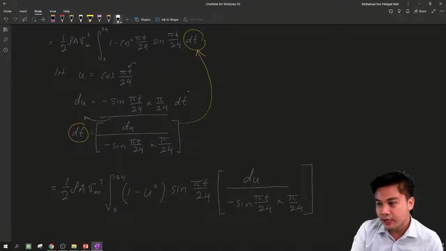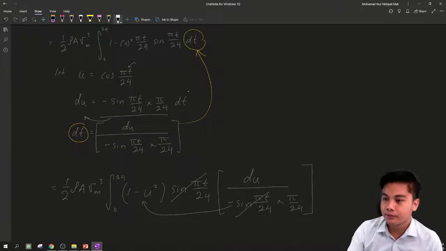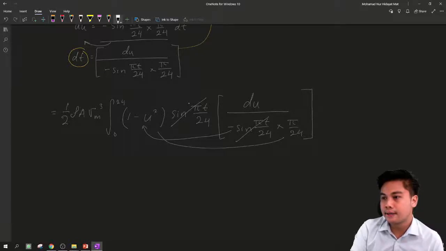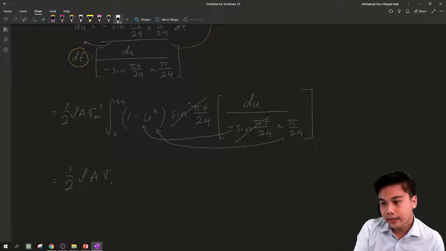So we notice that we have sine, we cancel out. We have negative, we move to the other side. And pi over 24 as well, we move to the other side. So we leave only 1 over 2 rho A Vm cubed, integration from 0 to 24.